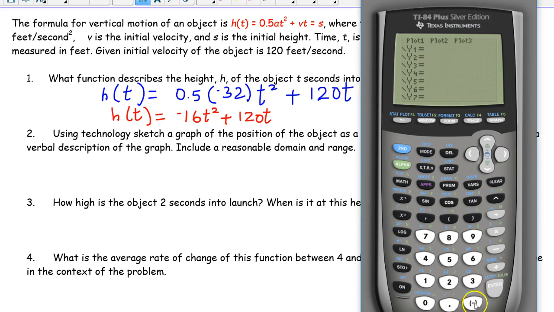Enter the values: negative 16 t square. These are all the variables like x, t, theta, and it is the same thing. I can write negative 16 x square plus 120 x. Alright, now hit the graph and see what happens.